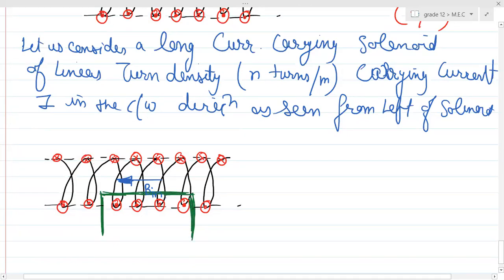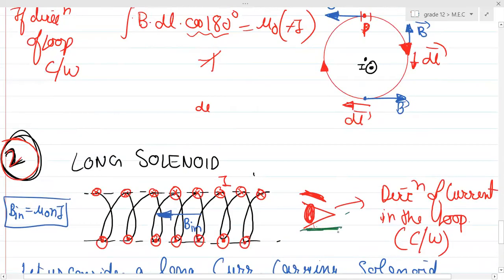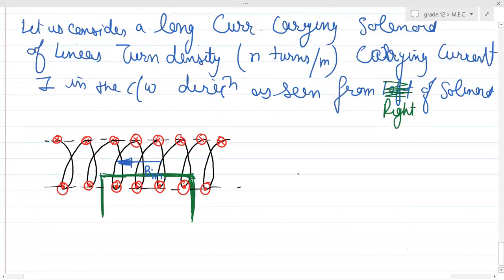Are you taking the clockwise direction as seen from the right of the solenoid? So, can you see the loop, guys? This is my Amperian loop.